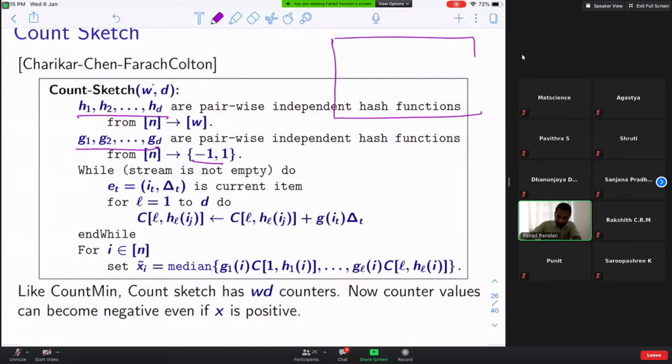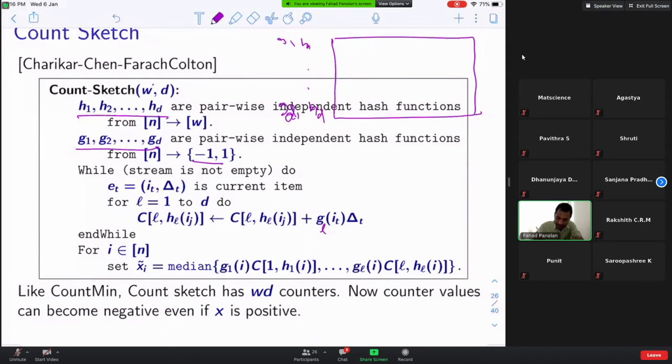A bit more explicitly, we will have this matrix where the rows correspond to hash functions, say H1 up to HD, or 1, 2, 3 up to D. So you have D hash functions H1 to HD, and another D hash functions that talk about signs, which is G1 to GD.